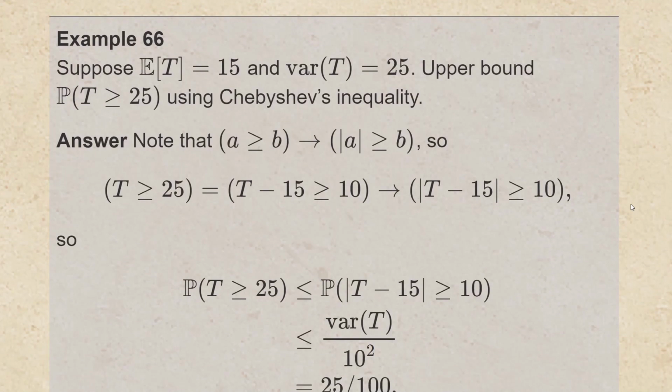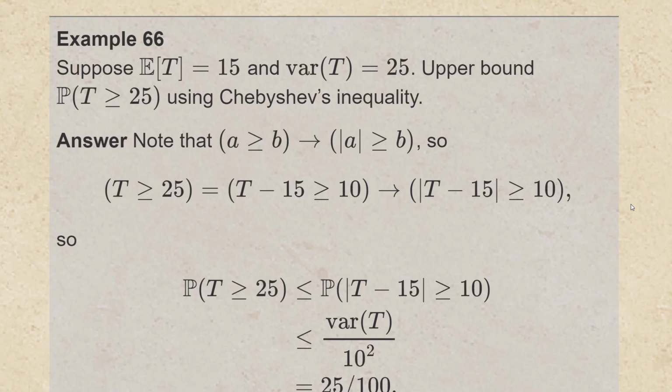For example, suppose that we have a random variable T with mean 15 and variance 25, and we want to upper bound the probability that T is at least 25 using Chebyshev's inequality. Well, the event that T is at least 25 is the same as the event that T minus 15 is at least 10, and that event implies that the absolute value of T minus 15 is at least 10.